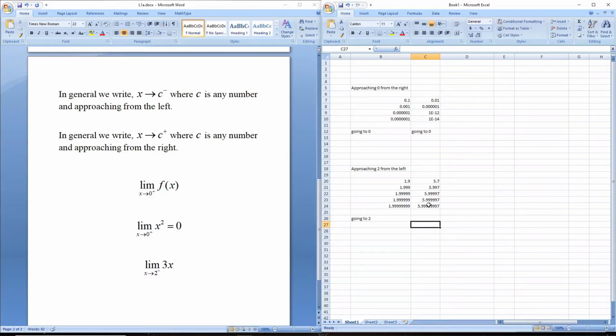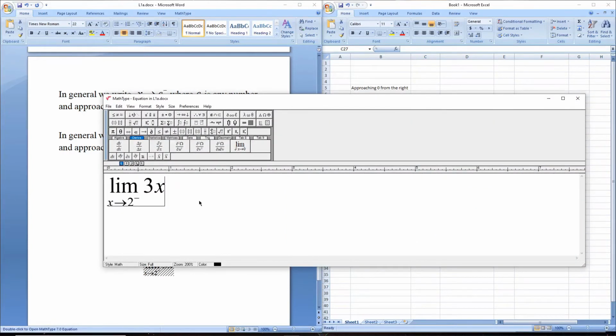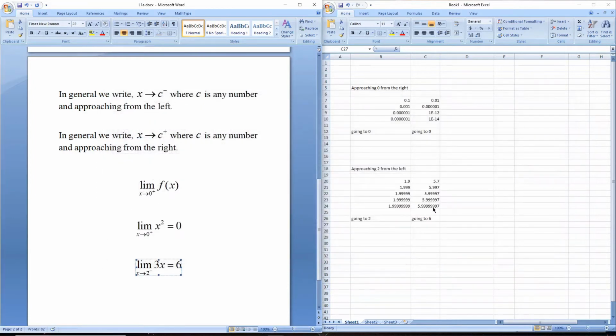And if we look at the function output, we can simply observe here that this is going to 6. So we can see the outputs are getting forever closer to 6. And that is then our limit. Our limit is the number that we approach infinitesimally.